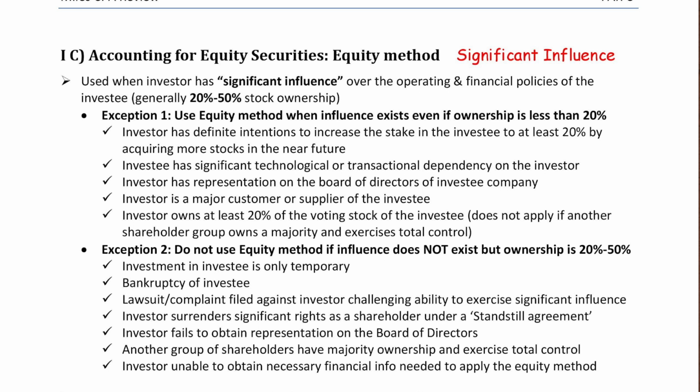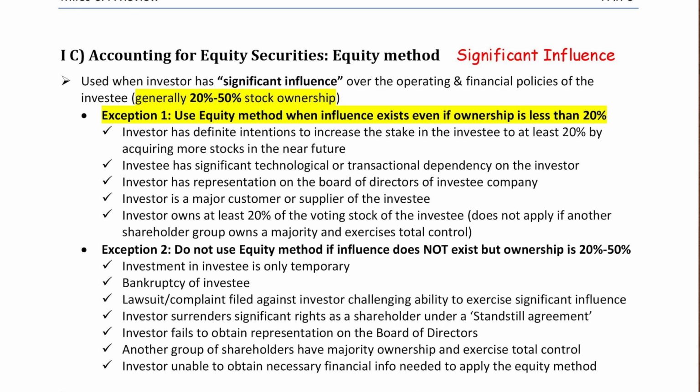Now, when we say significant influence, we are talking about generally 20 to 50% stock ownership. However, there could be cases, exception 1, where you need to use the equity method when significant influence exists even if ownership is less than 20%.